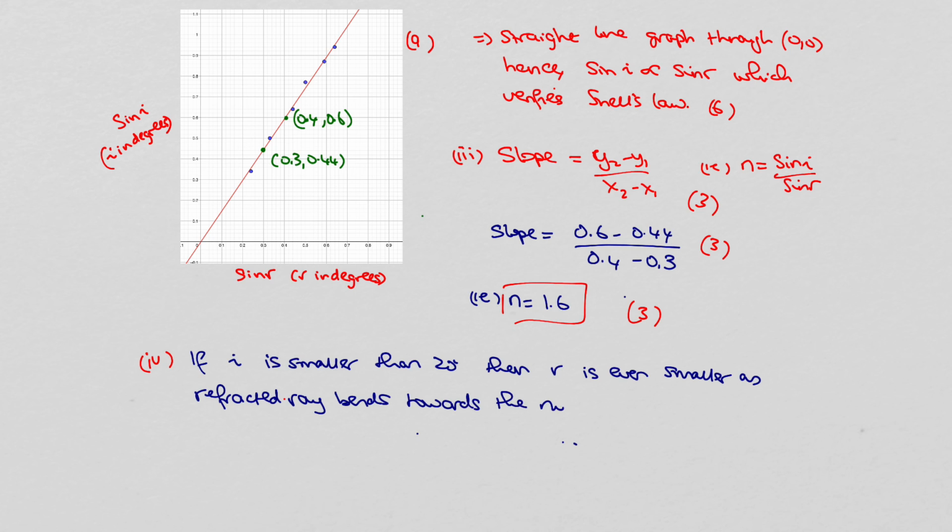And if it's going to be smaller than 20, that makes it harder to measure. So if it's harder to measure with the protractor, then that's going to increase our percentage error.